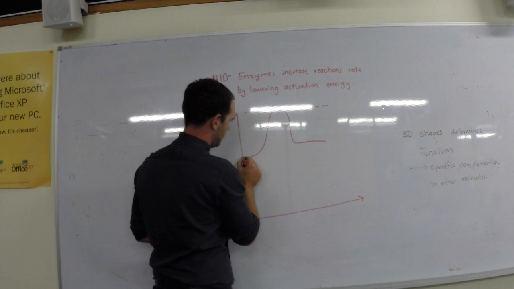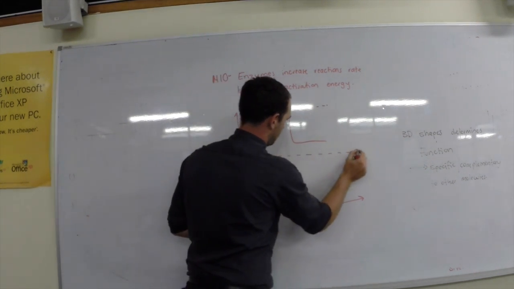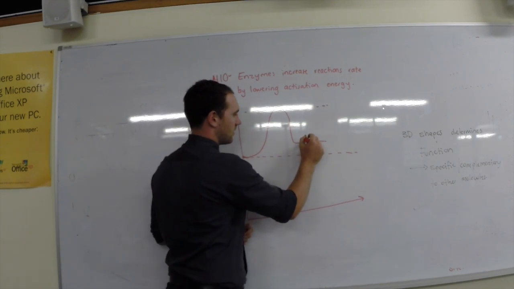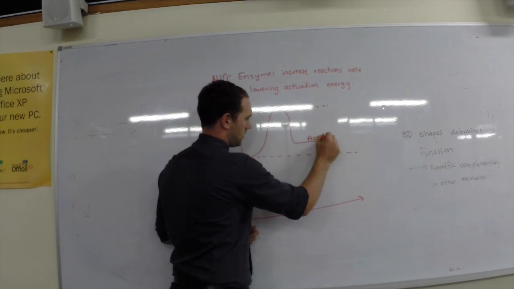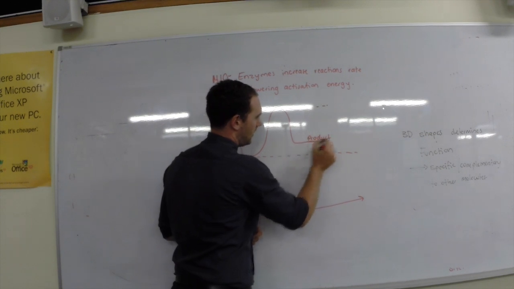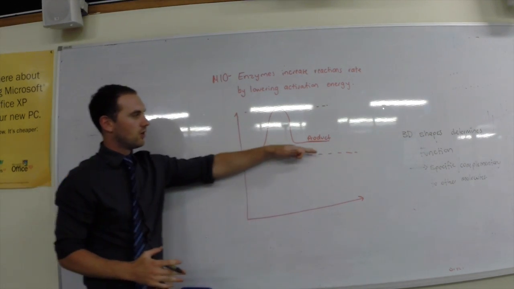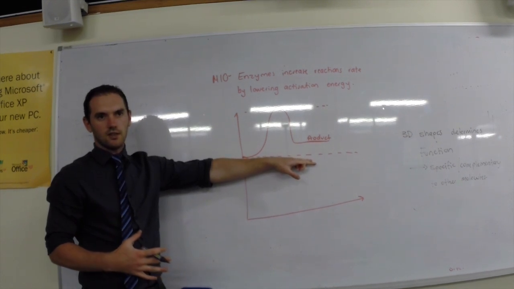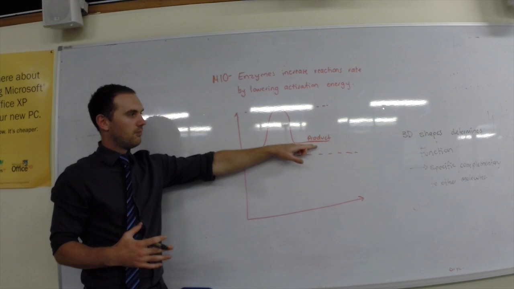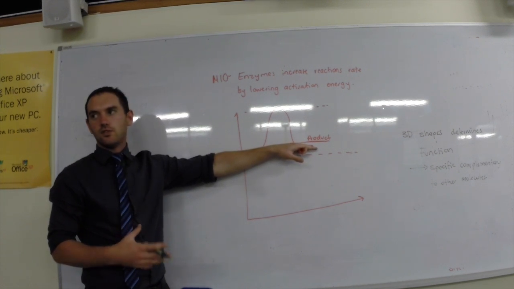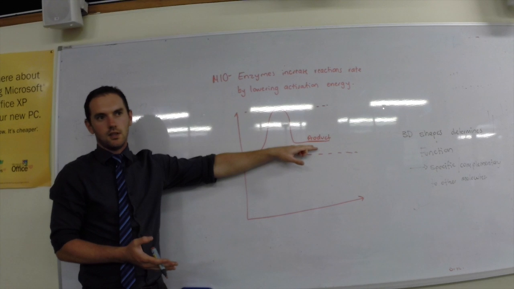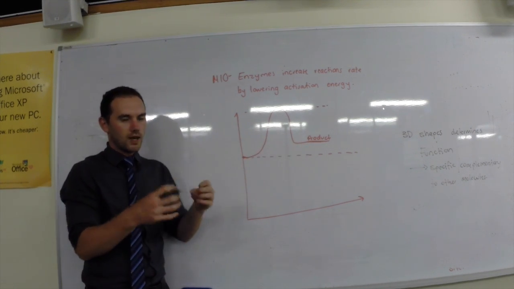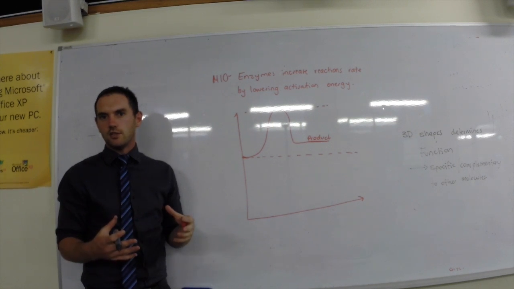Now we've got energy stored in our product that's above our original energy. So we have chemical potential energy stored in the bonds of that molecule. When we build molecules up, we're storing energy. When we break molecules down, we're releasing that stored energy.